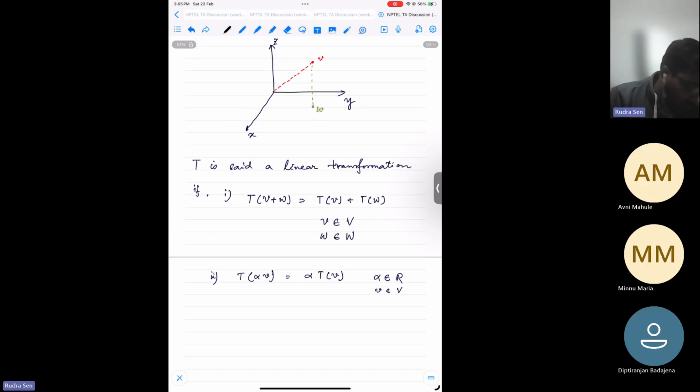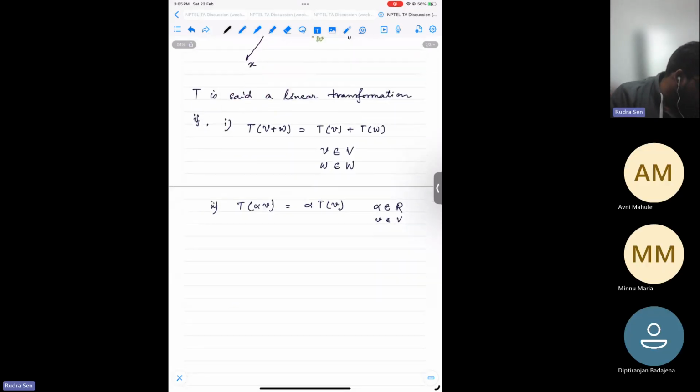These are the two basic rules of linear transformation.